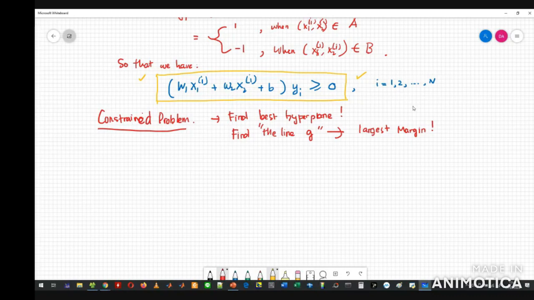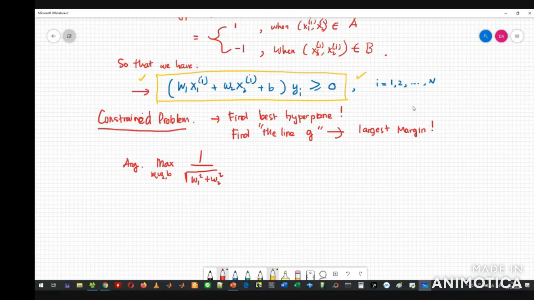So what is the largest margin itself? It is actually 1 over W1 squared plus W2 squared, which is actually J. We would like to maximize this one with respect to, of course, in this case, W1, W2, and B. So this one is our argument. But W1 and W2 depend on each other, and it has to satisfy something, which is this part.